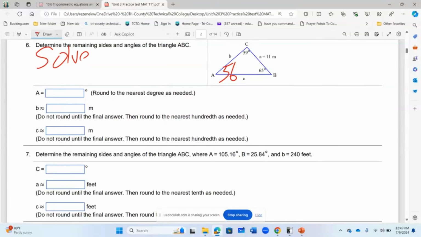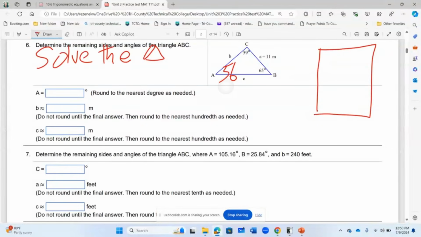Whenever you hear solve the triangle, you know you'll find all the 6 properties, all the missing sides and angles. They didn't tell me, so I just found one. If you're told to solve a triangle, you're expected to have 3 answers. So the first answer I found is 56 degrees.